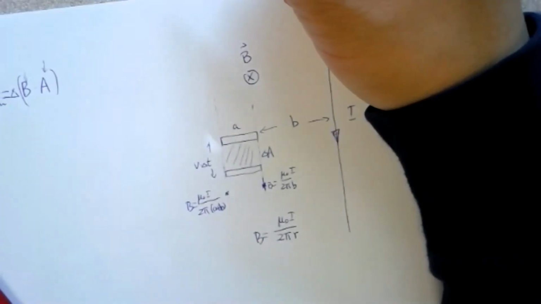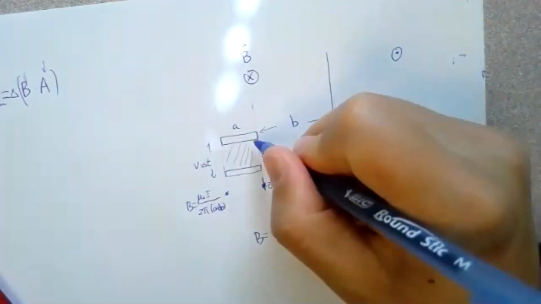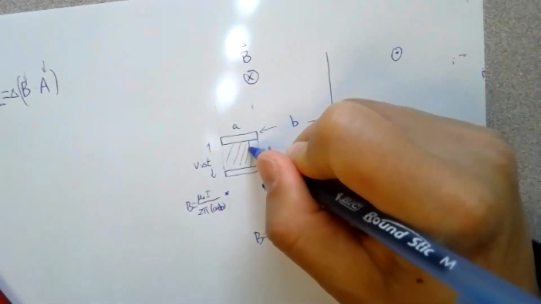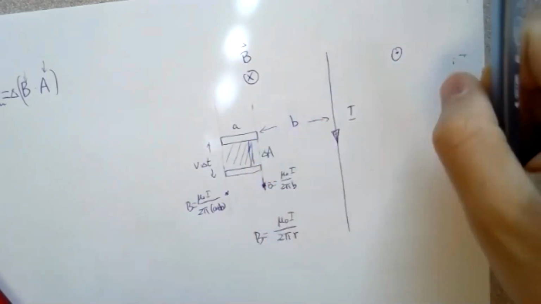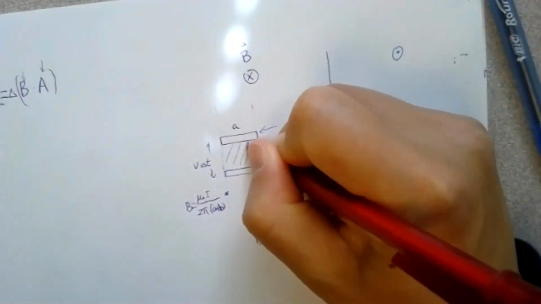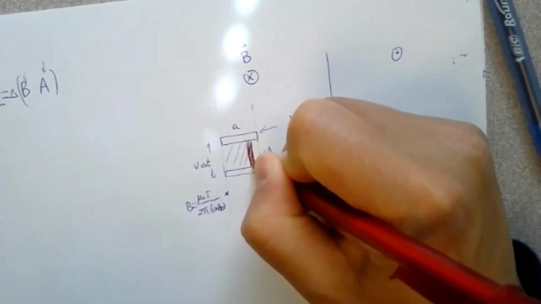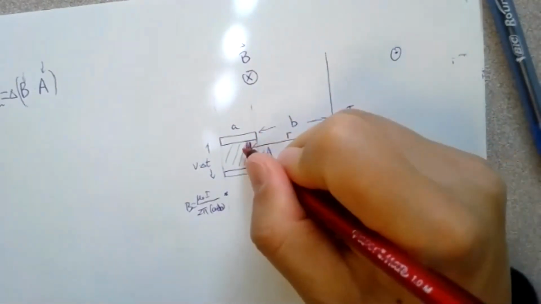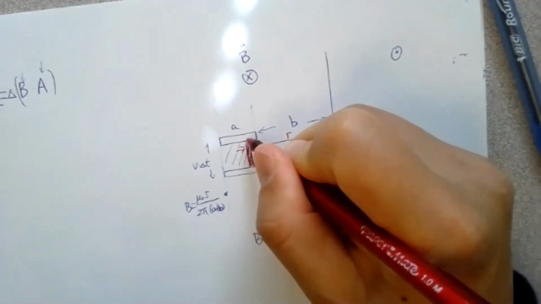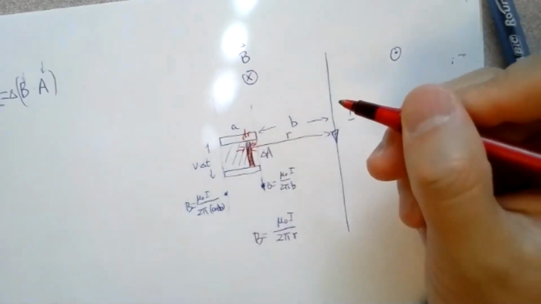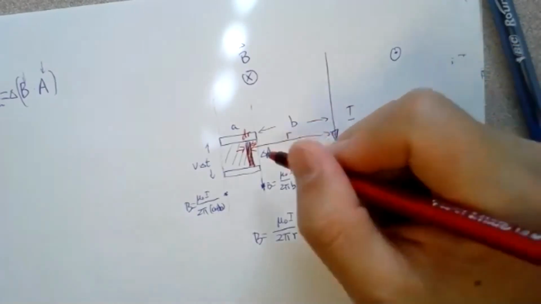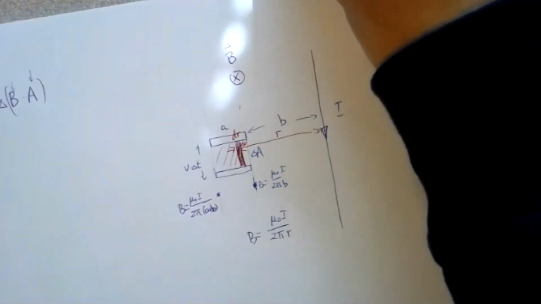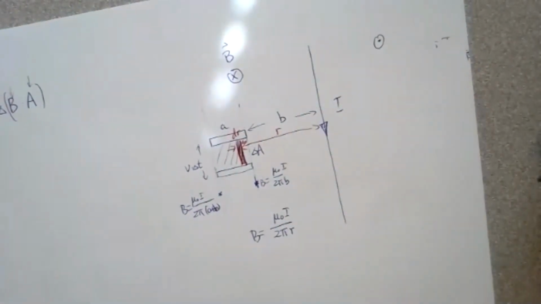So in that sense, you have to pick a small slice of this area over here, and we are going to say this is the distance r, and the thickness of this slice is dr. So you'll have to do it that way, B field times that.